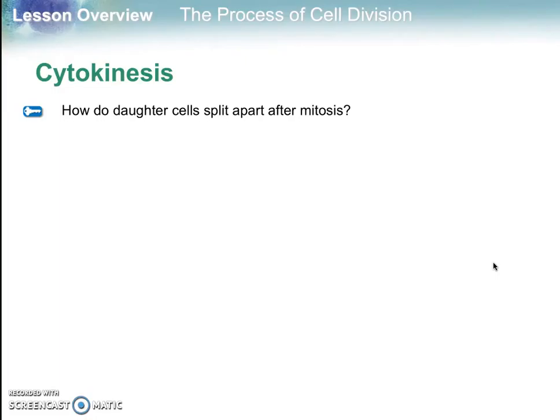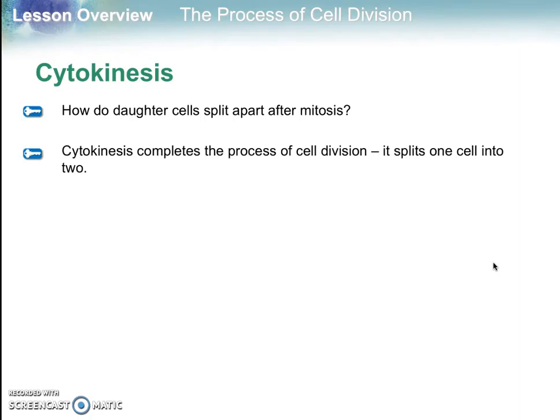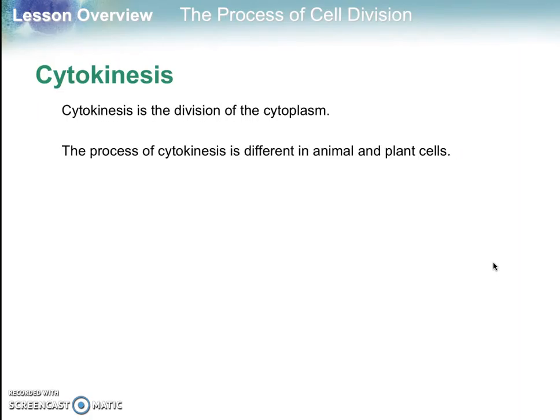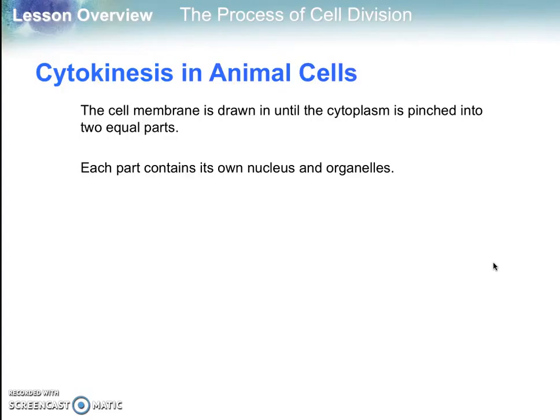The purpose of mitosis is to duplicate the nucleus. The purpose of cytokinesis is to separate the cytoplasm into two separate and distinct daughter cells. Cytokinesis is the division of the cytoplasm, and it's different in animal and plant cells.